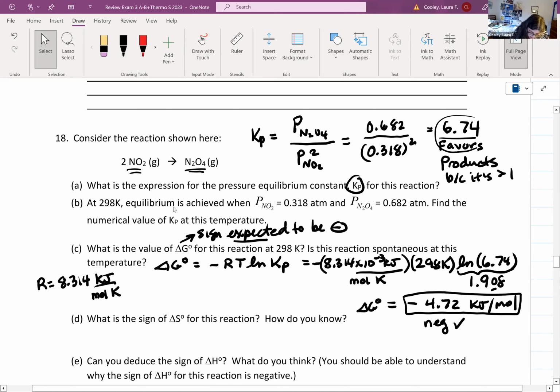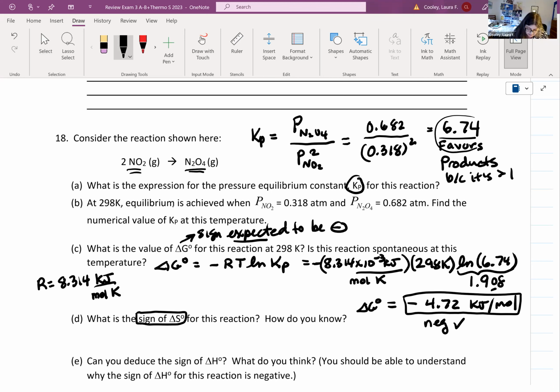Okay, so what is the sign of the delta S? You should know that just by looking at this reaction. Positive? No, it's negative. Because here you have 2 moles of gas going to 1 mole of gas.